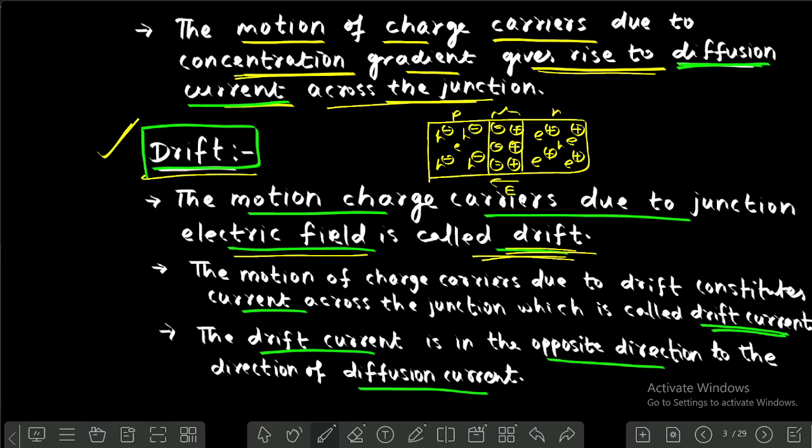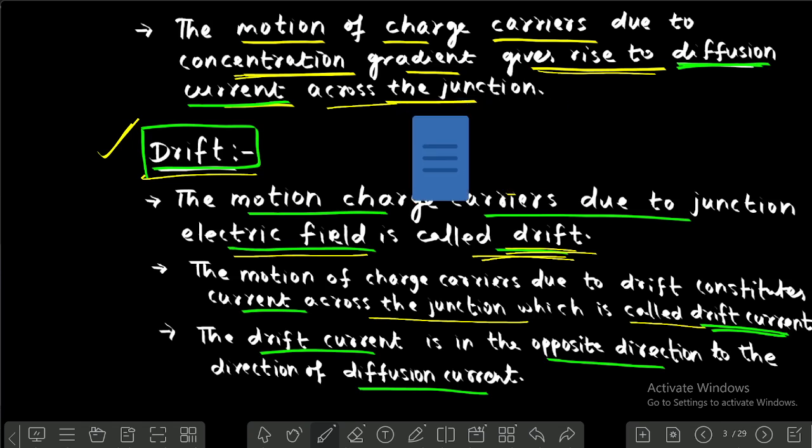Motion of charge carriers due to drift constitutes current across the junction, which is called drift current. The drift current is in opposite direction to the diffusion current. Always remember, drift current and diffusion current are always in opposite directions.